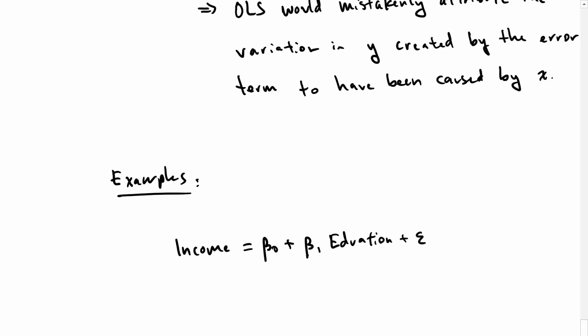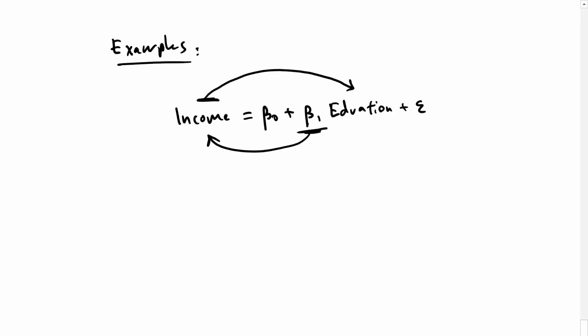And so what we're saying here is that beta 1 is saying that if education increases, income increases. But we also do see that people with higher incomes also tend to obtain more education. So there's some simultaneous equations going on there.